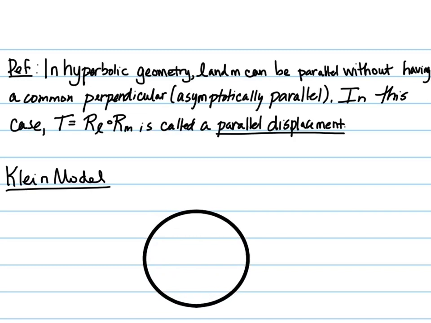And remember, in a Klein model, the lines are chords of the circle. If we have a chord here and a chord here that meet on the edge of the circle, those would still be parallel because they don't meet in the circle. So this would be L and M.